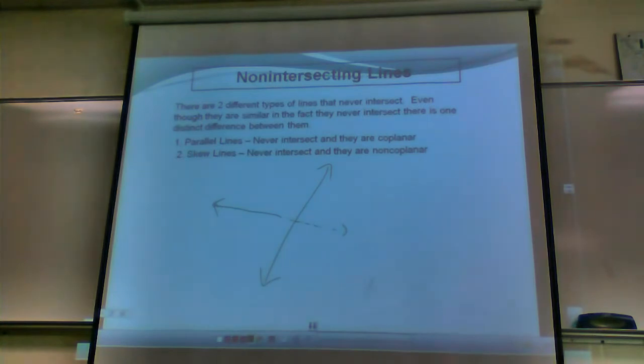It's like they're hovering over each other. And dash will always mean it's going down or under or something.